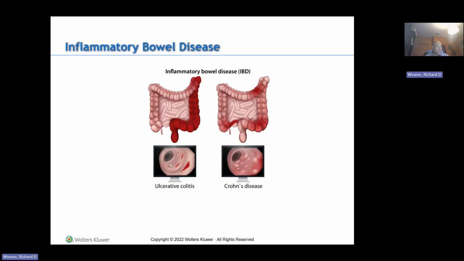So it involves everything. And you see how the inflammation here is kind of spotty. Crohn's disease also involves the ascending colon, a portion of the transverse colon, as well as the descending colon. So Crohn's disease is a bit more widespread.